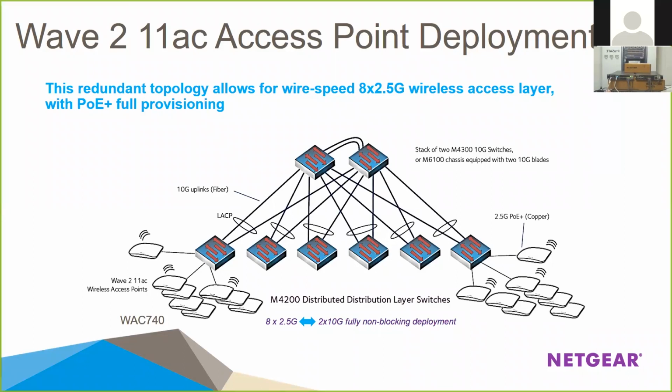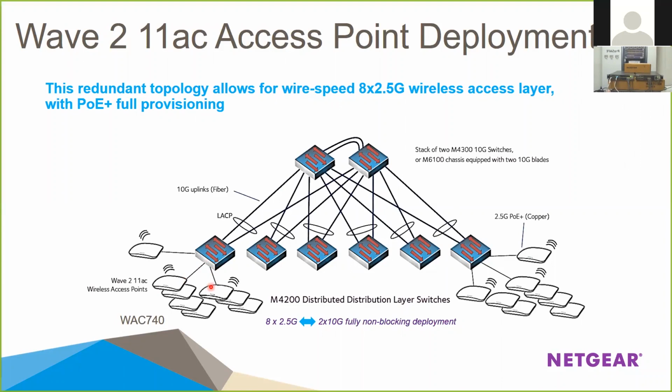Those two reasons, redundancy and throughput, really lead to the M4200 switch that was designed from the ground up to deliver those two parameters for Wave 2. First, we have high performance because each single switch comes with 8 ports of 2.5 gig, but please count with me now: 8 times 2.5 gig, half duplex, unidirectional in one direction.